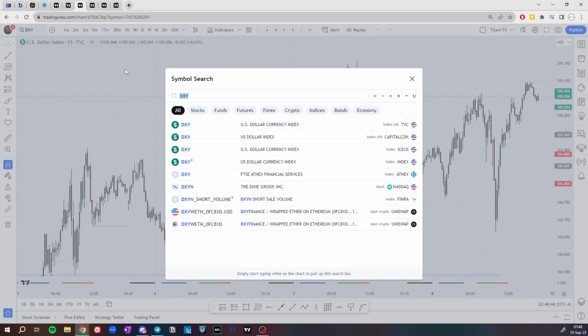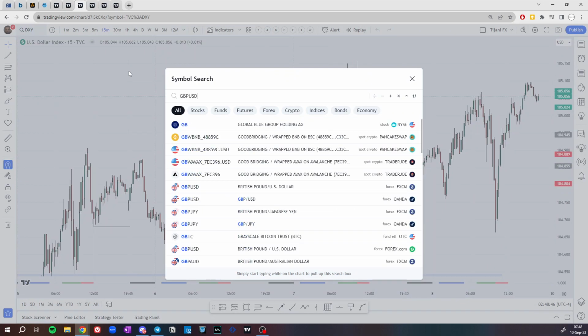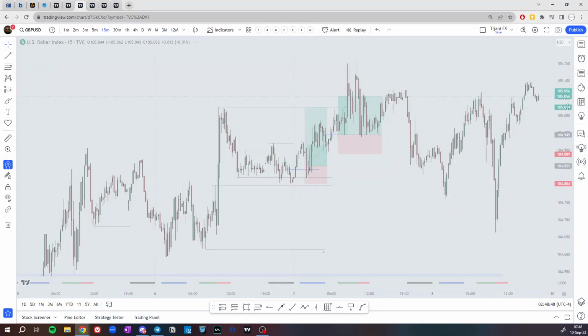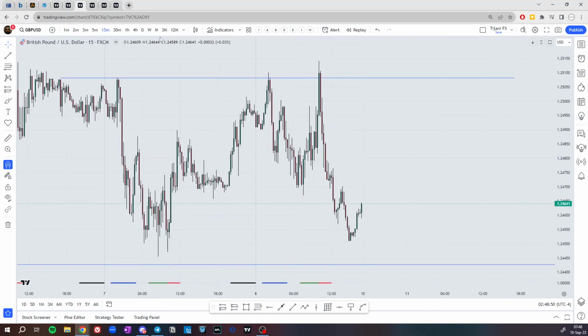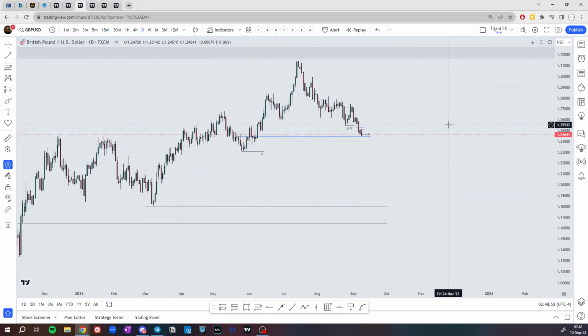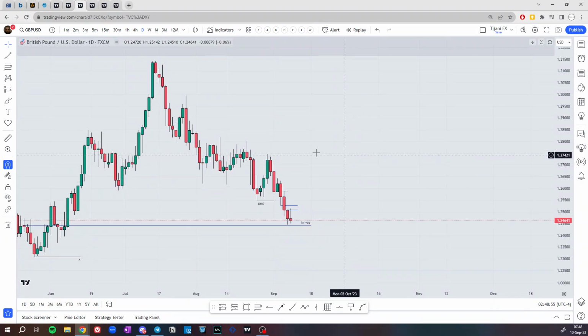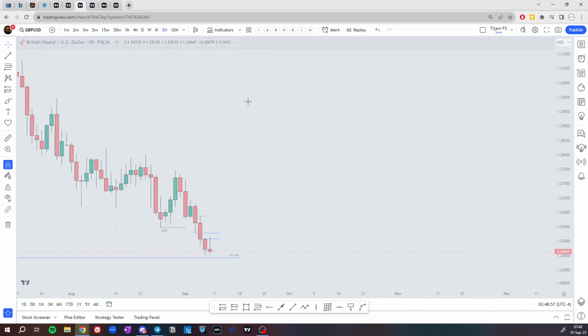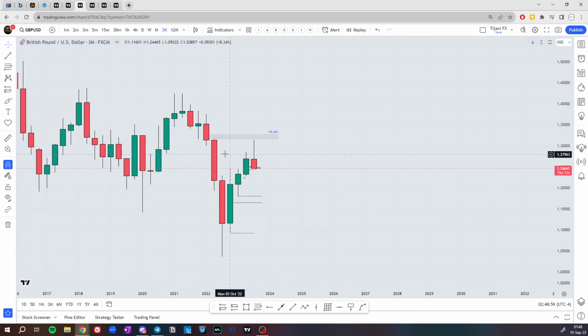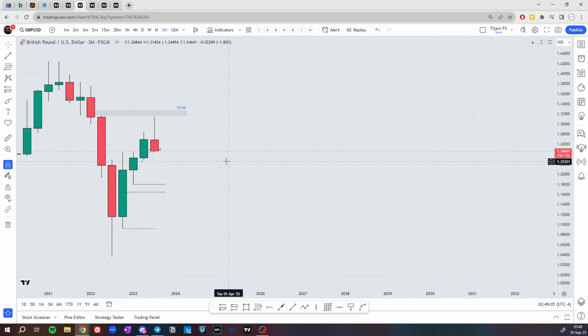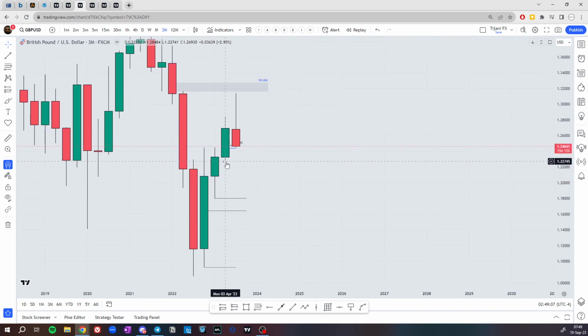On GBPUSD, what do we see? Price is filling this fair value gap, and it shows that it could target this low here, the previous quarterly candle.